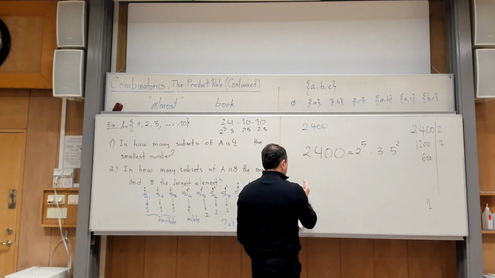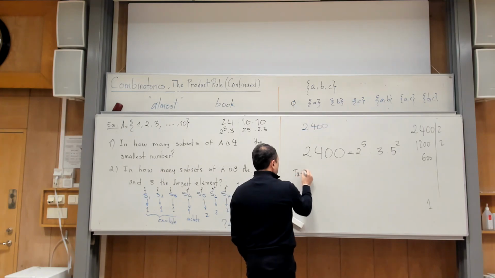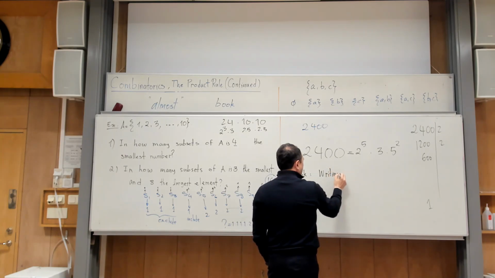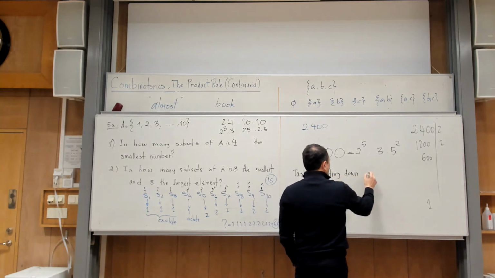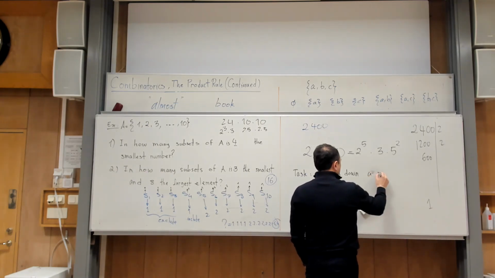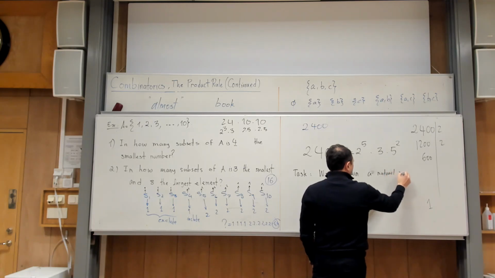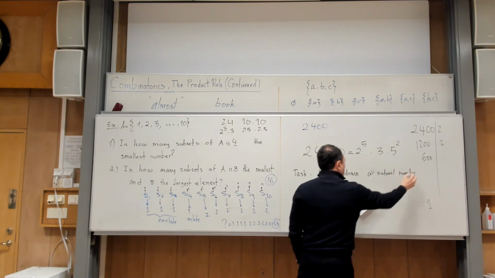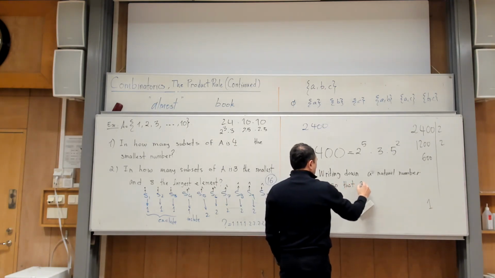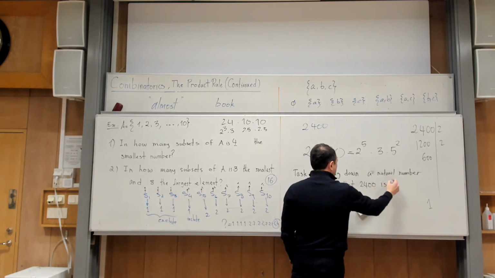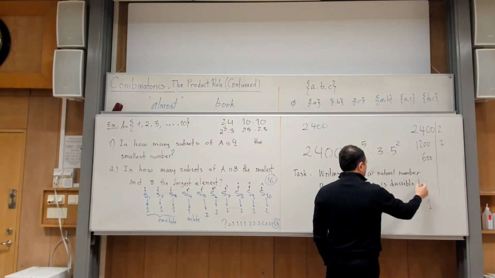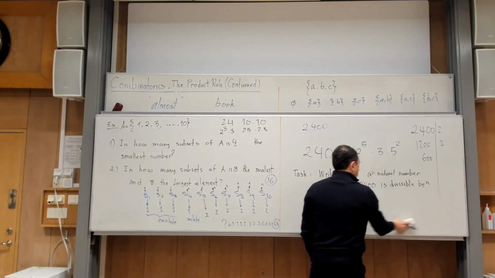I would say the task is writing down a natural number n, so that 2400 is divisible by n. You can write whatever you like, meaning the same thing. This is my task.